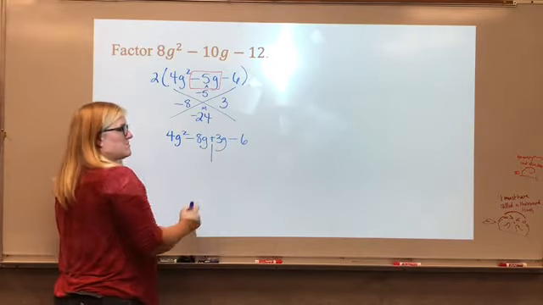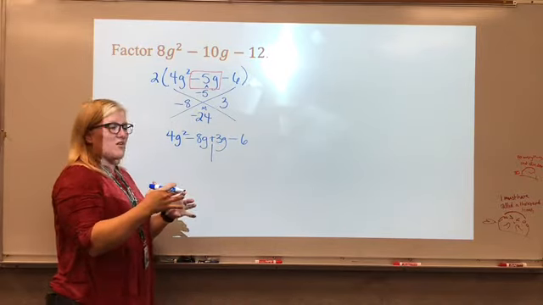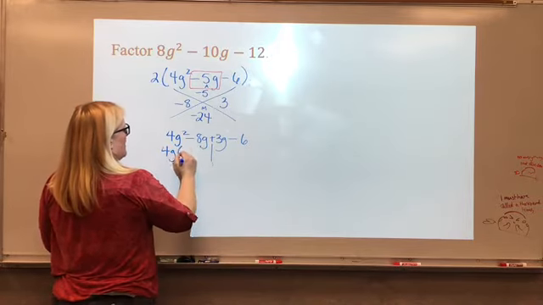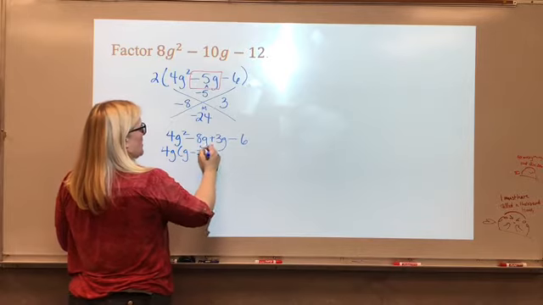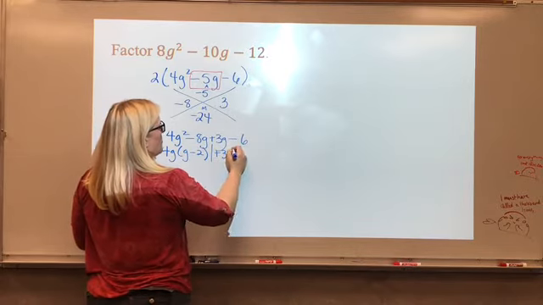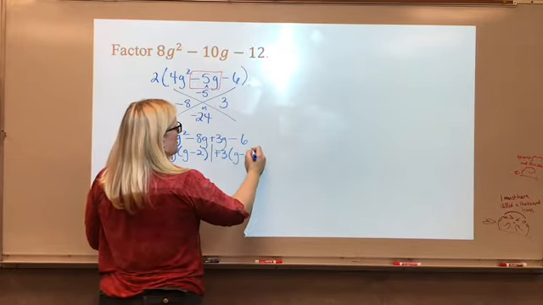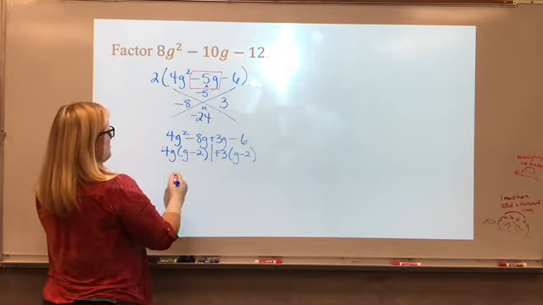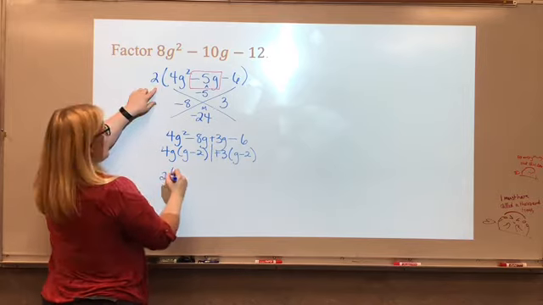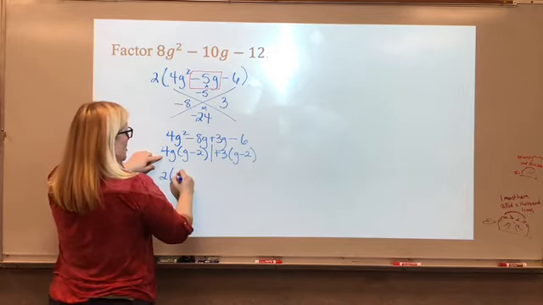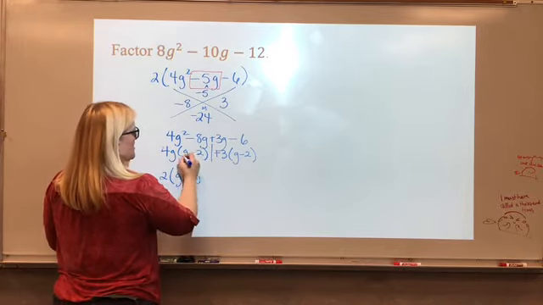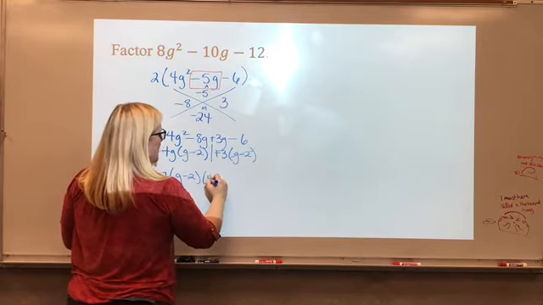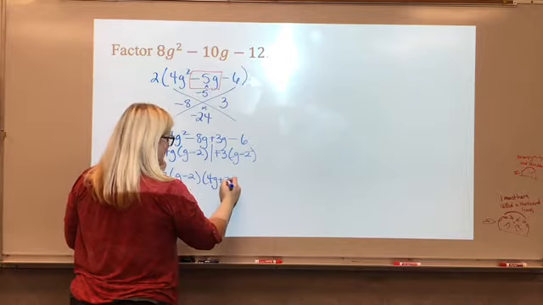And now I factor by grouping, so I can factor out a 4g, and then I've got g minus 2. And over here I can factor out a 3, and I have g minus 2. So my final factors are going to be 2, from up here, times g minus 2, that's these two, and then I have left 4g plus 3.